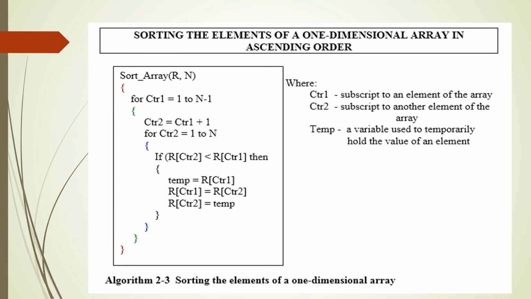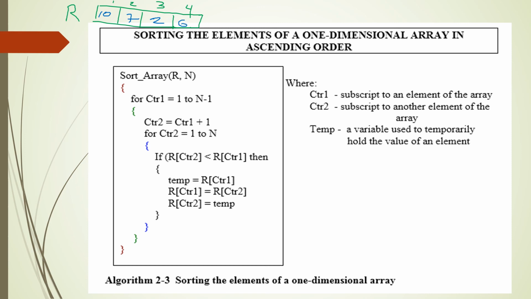Alright, moving on to our next operation. Okay, so we have now sorting the elements of a one-dimensional array in ascending manner. So that means, let us say we have an array named R, with indices 1, 2, 3, 4, whose elements are 10, 7, 2, 6.